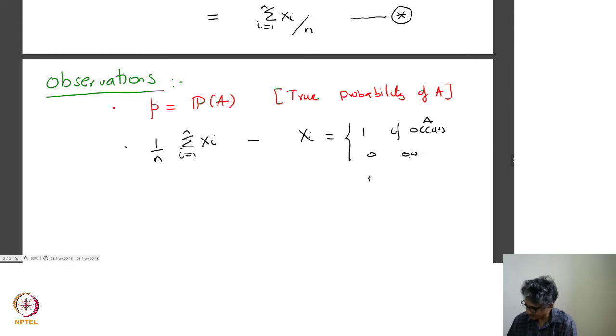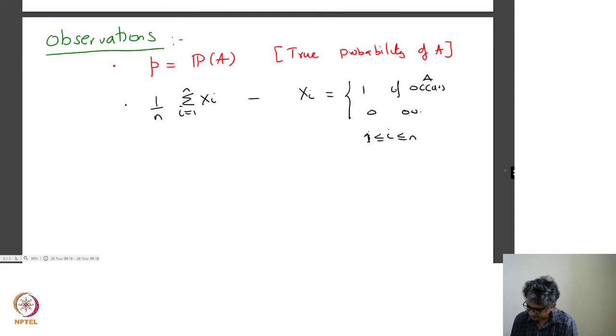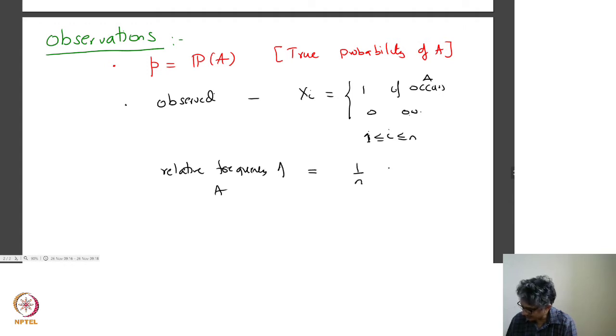We observe this. And then we said that, okay, fine, we're going to understand the relative frequency of A to be equal to 1 over n summation i equal to 1 to n xi.